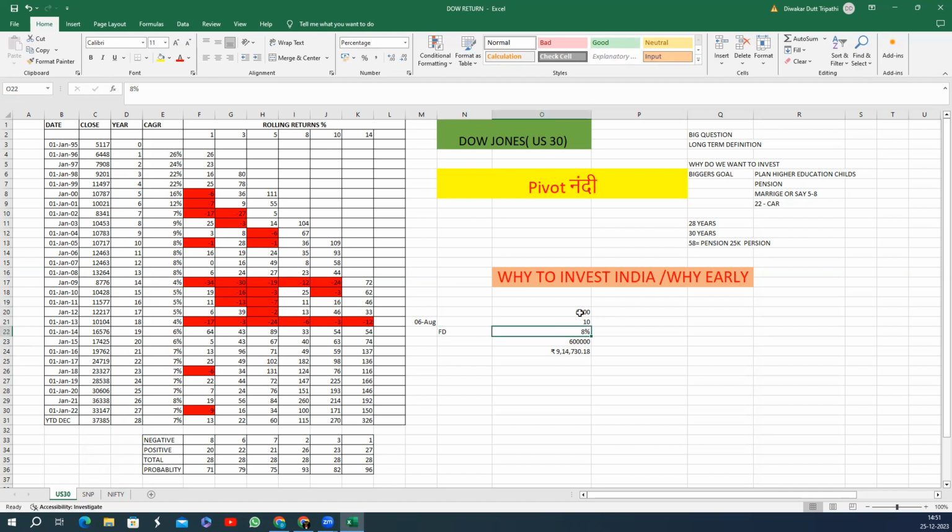For case study purposes, like I've shown you, if somebody was investing in the Dow Jones index or his country's index, and he has remained disciplined and invested for at least 10 years, 15 years, 25 years, so we are just taking a case study.